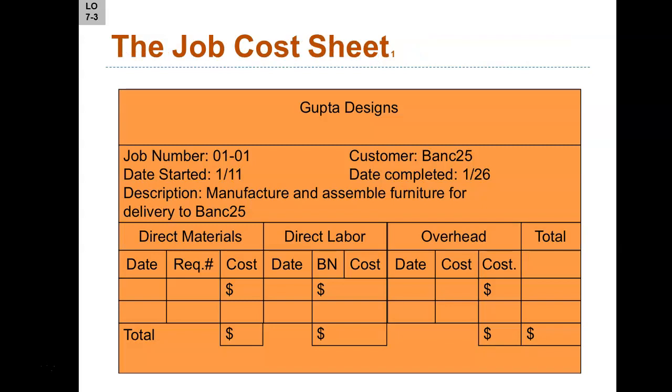Here is a job cost sheet. Now, for most organizations, everything is electronic. But you can note that the characteristics of a job sheet are essentially the same. It's going to talk about the job, when it starts, the expected date to end, and basically what the job is, a description of that job, and it will outline the materials and the labor and the overhead and give you a total cost sheet.